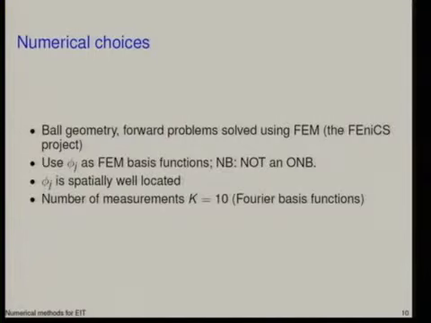The basis functions that we end up using are called phi j, and we use the FEM basis functions. And there's a reason for that. This is because when you use a finite element, everything is output in terms of coefficients in this basis, essentially. So everything is represented already in the FEM basis. So it makes no sense to use those as building blocks.